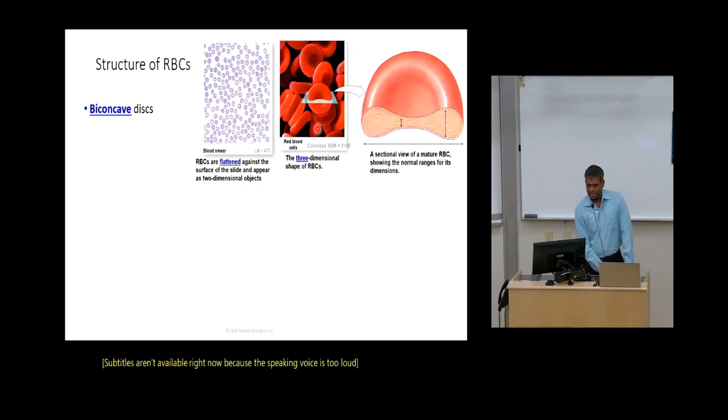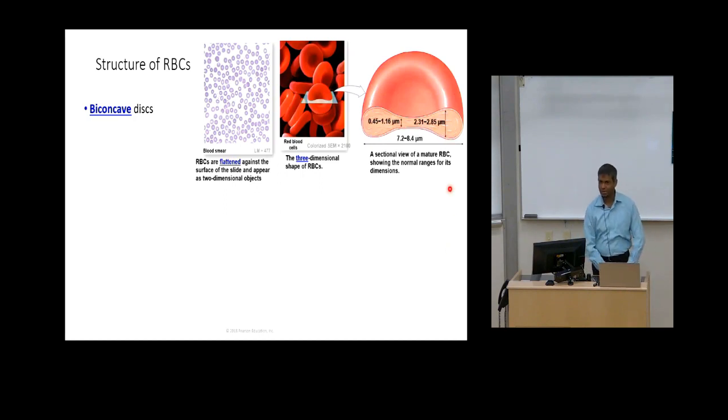So a couple of things about the dimensions of a red blood cell. The thinnest part of this biconcave disc will be around half a micrometer to 1 micrometer in thickness, whereas the thickest part of this disc will be around 2 to 3 micrometers in thickness, and the diameter will be around 7 to 8 micrometers, right?